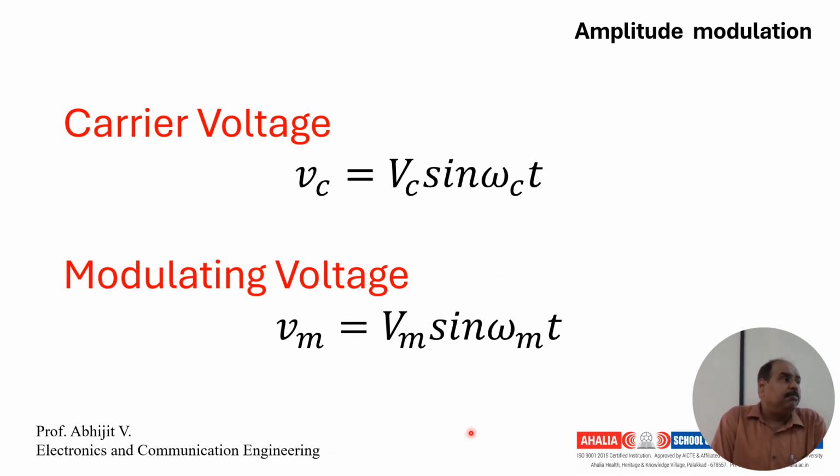Let us denote vm by Vm sine omega m t. Omega c and omega m are the respective angular frequencies. Omega c will be 2 pi fc, where fc is the frequency of the carrier signal. Angular means we take it in a circular manner. The other one is the regular way of doing it. Okay. Understood?